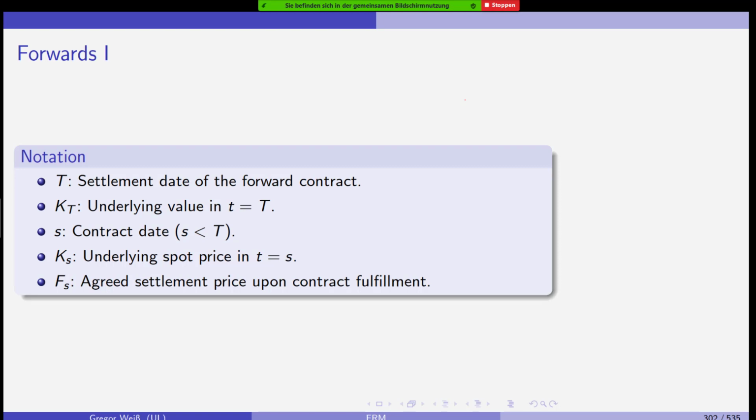So you have to compare the spot and the agreed forward price and then pay the difference. A forward is an OTC contract, meaning that it is a contract that is agreed upon between two counterparties who could be anyone. Any two market participants can enter an OTC contract.